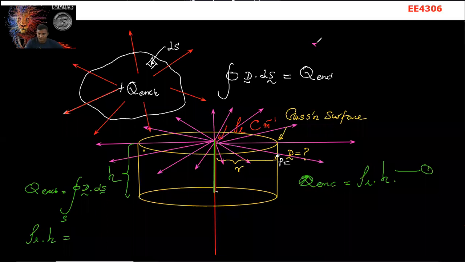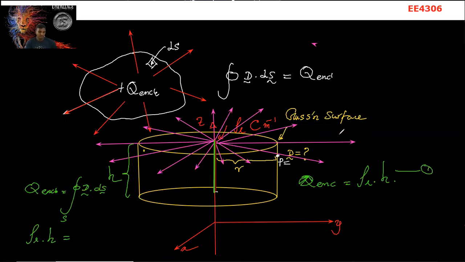you can select this type of coordinate system. Assume this is the y-axis and this is the x-axis, and I take this axis as the z-axis. Then you can write the surface integration of D dot dS. I take D outside of the integral over dS.